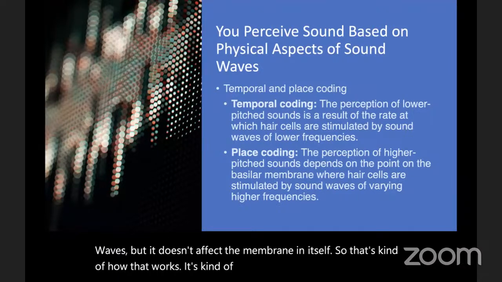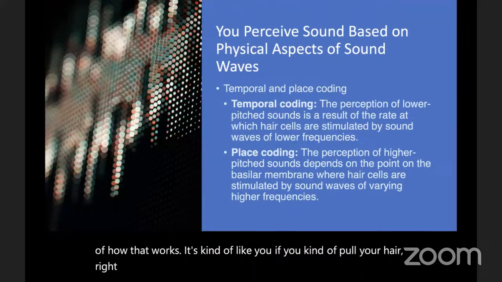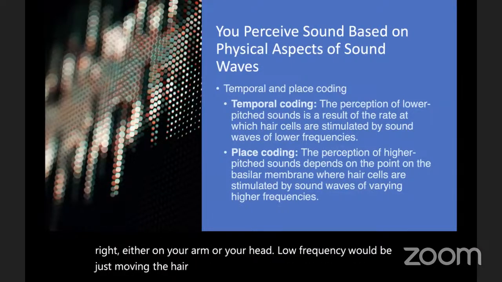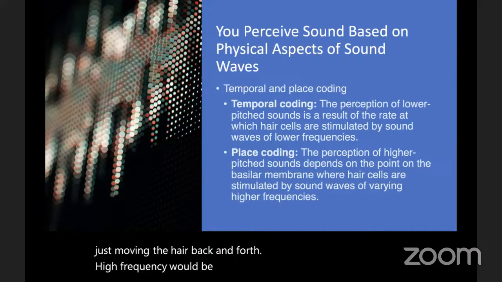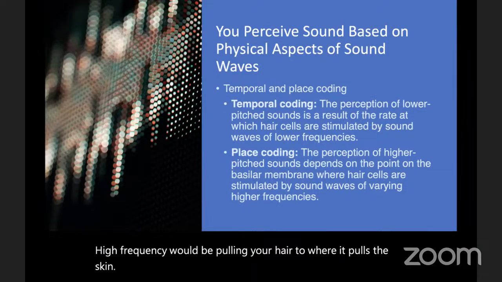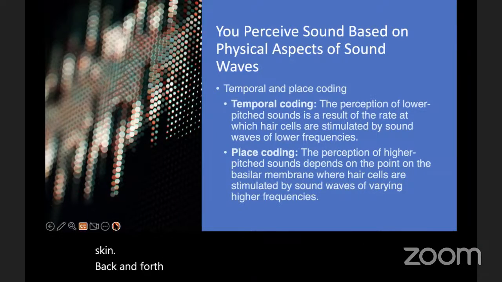It's kind of like if you pull your hair, either on your arm or your head, low frequency would be just moving the hair back and forth. High frequency would be pulling your hair to where it pulls the skin back and forth.